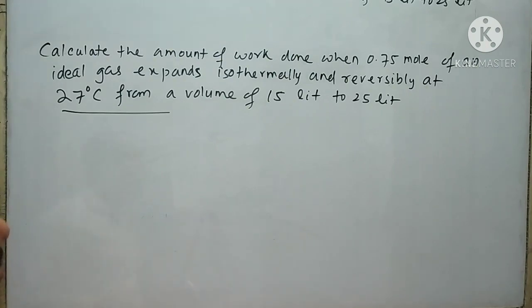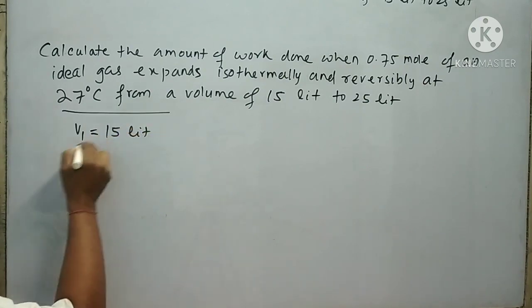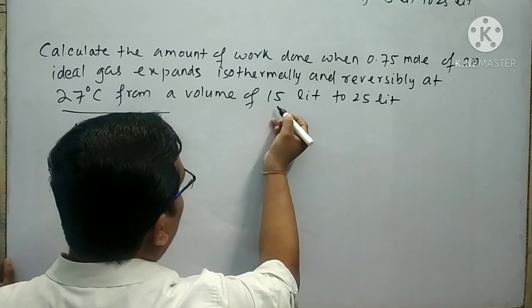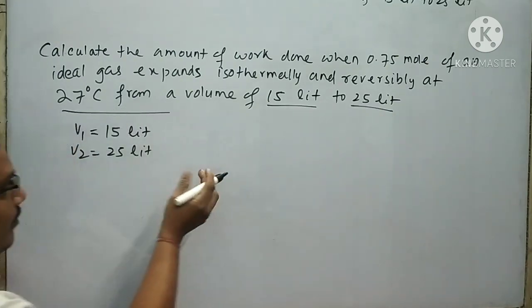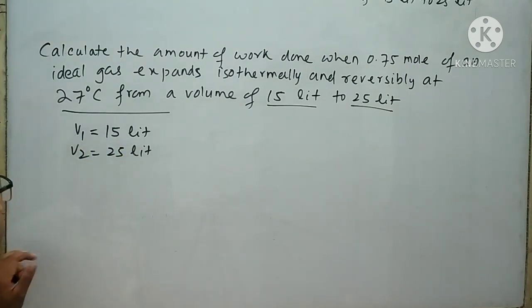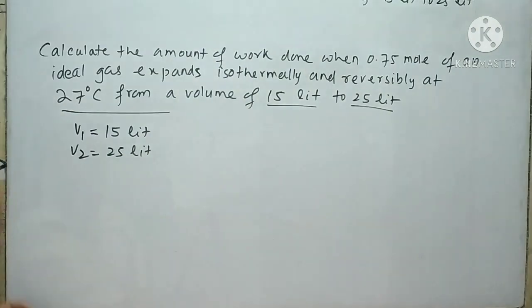From this problem we can write some data. Here V1 equal to 15 liter, V2 equal to 25 liter. Look at that. The volume changes from 15 liter to 25 liter. That means the initial volume V1 equal to 15 liter. The final volume V2 equal to 25 liter.